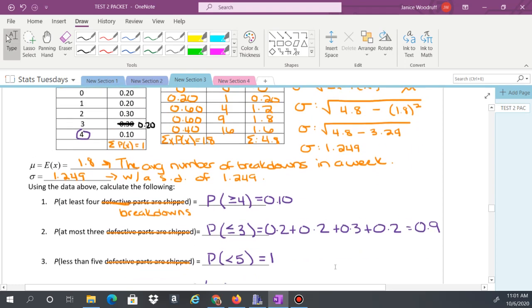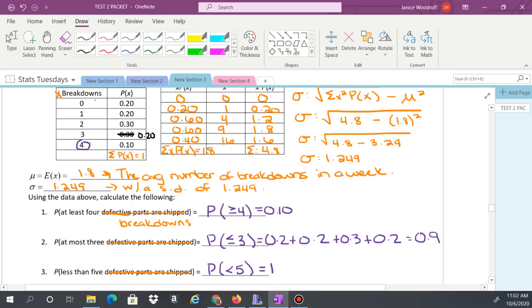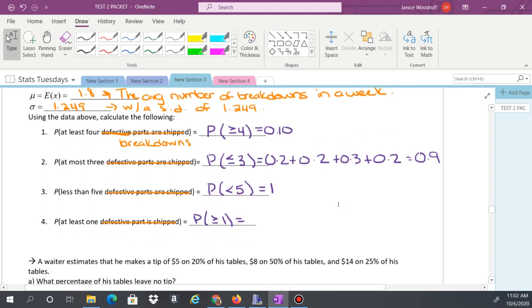So it's going to be all these probabilities except the probability of 0 breakdowns. So it's the probability of 1, 2, 3, or 4 breakdowns. So we would add those, 0.2, 0.3, 0.2, and 0.1. And that should give you a 0.8.